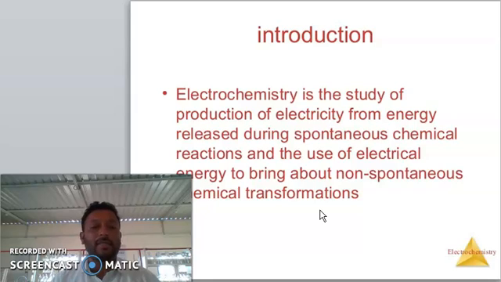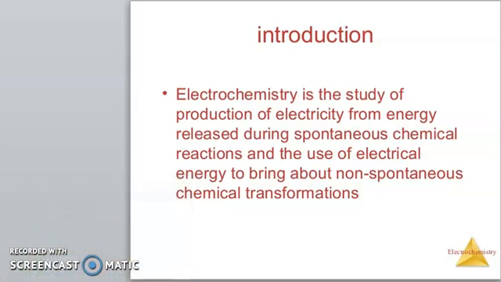Electrochemistry is the study of production of electricity from energy released during spontaneous chemical reactions and the use of electrical energy to bring about non-spontaneous chemical transformations.